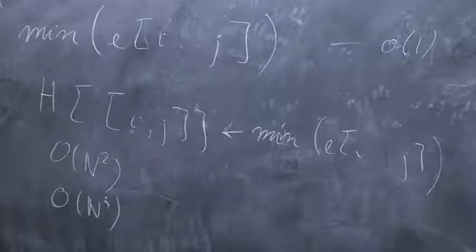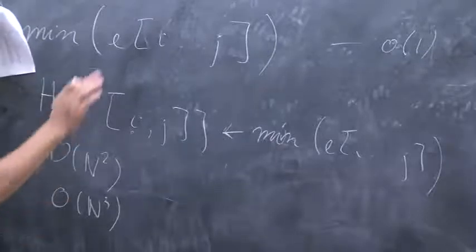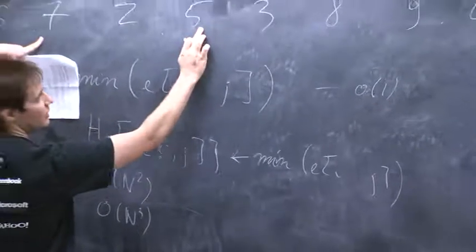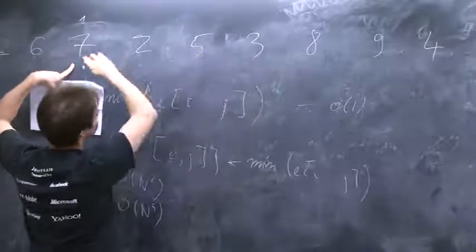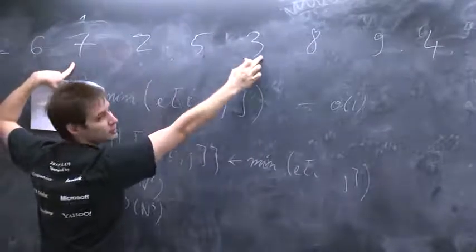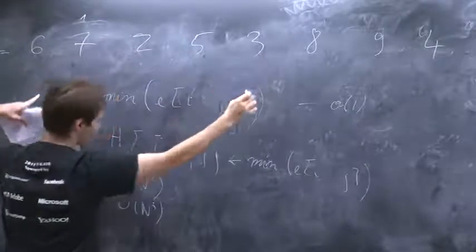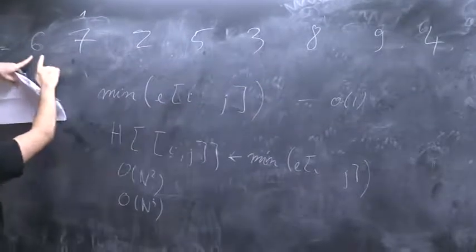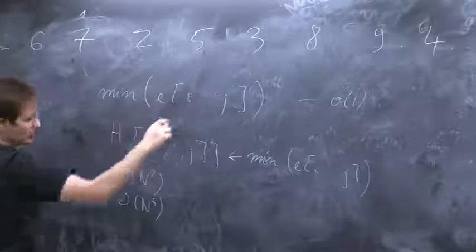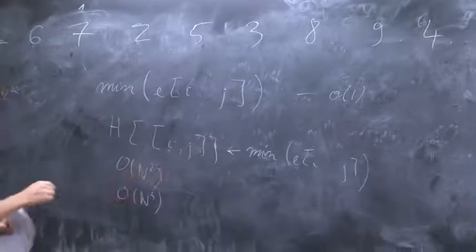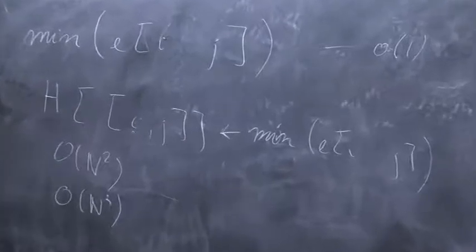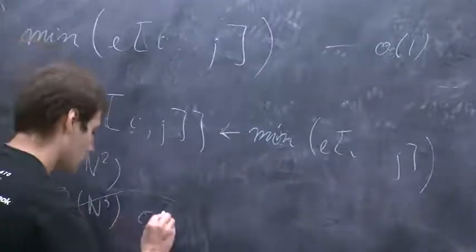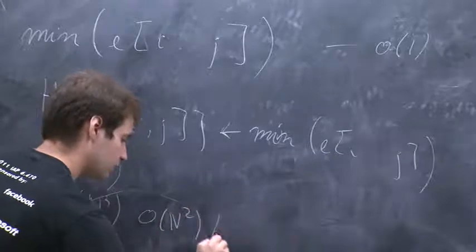I could reduce it to n squared by noticing that if I have the minimum of these elements, and I want to compute the minimum of these elements, really all I have to do is compare this minimum with this element. So every time I start with an interval of size 1, and then I expand it by 1. So I have my 2 for loops here, and I keep growing my minimum. So I could get down to order of n squared time.